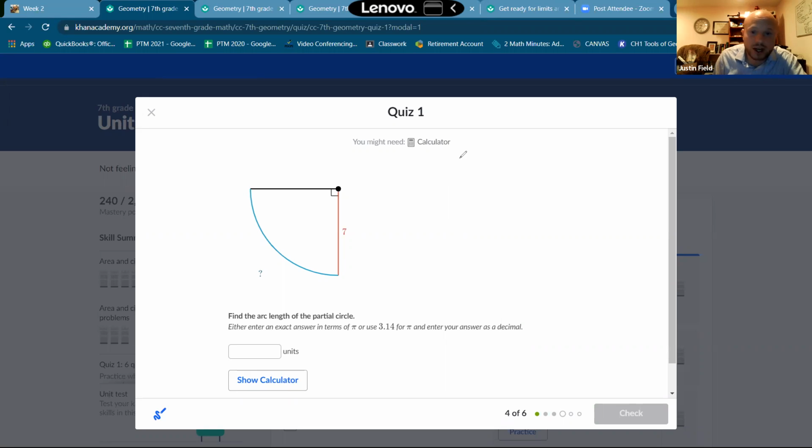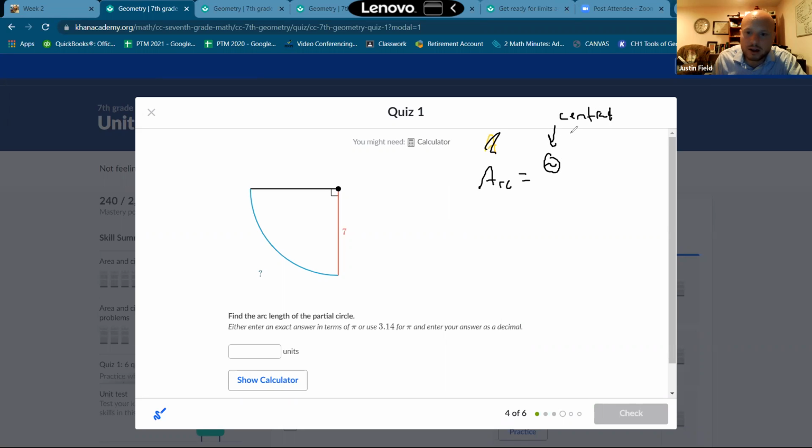In high school geometry, arc length is theta, which is a central angle, over 360 degrees times pi d, or 2 pi r. This gives us a percentage of the circle, and we multiply that percentage by the circumference. Or you could do theta over 360 times 2 pi r.